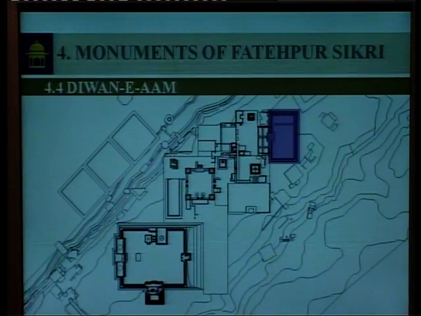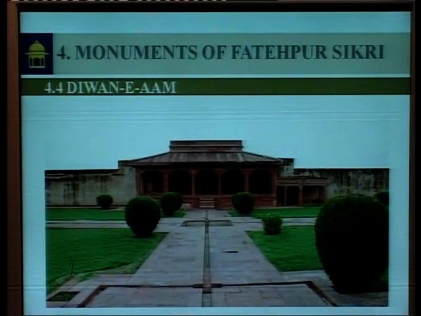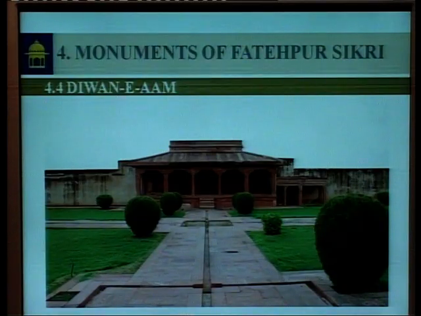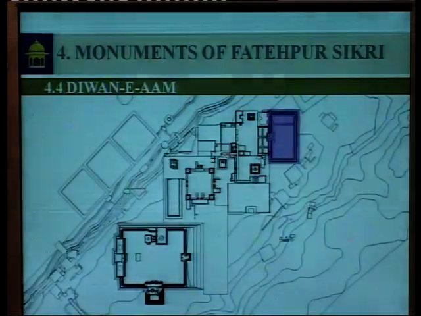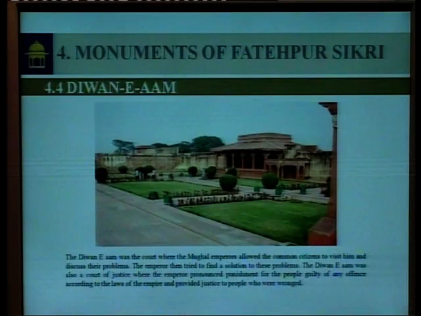This is the place. So there is a huge courtyard, and a building where the king sits. One by one the commoners are going to come up to him, and he is going to listen to them.